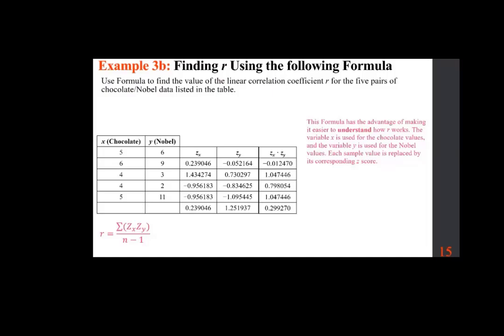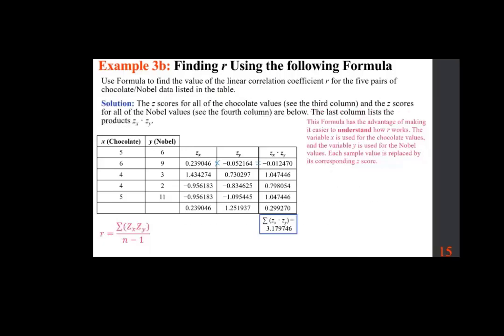The first one would be 0.239046 times negative 0.052164, giving you negative 0.012470, as an example. This times that equals this. Okay. And now this very last column, add them up. That's the summation. That is your numerator.